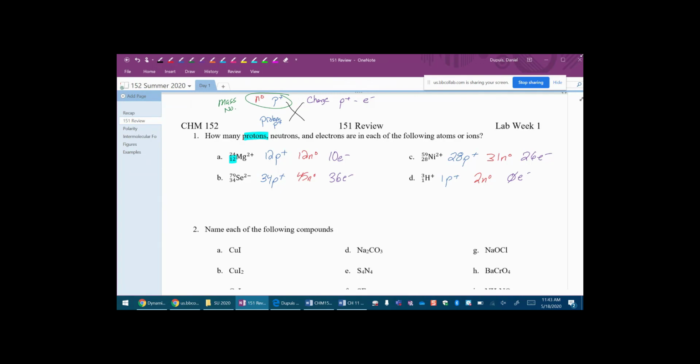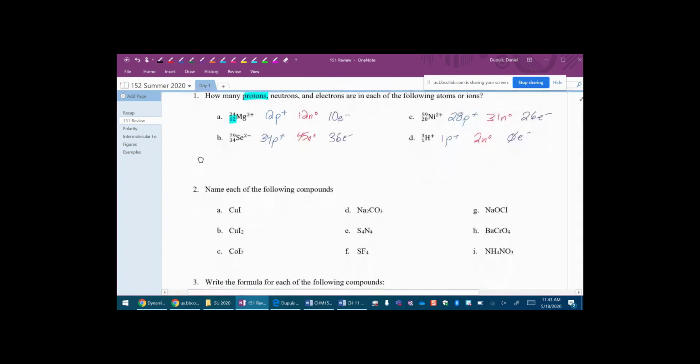All right, number 2. And just so we know, full disclosure, math is not the hardest part about this class. Reading comprehension, the English language, word meanings, that's the hardest part about the class, not math, right?